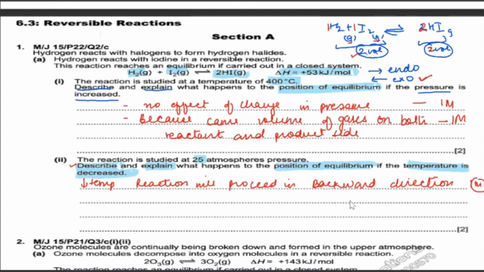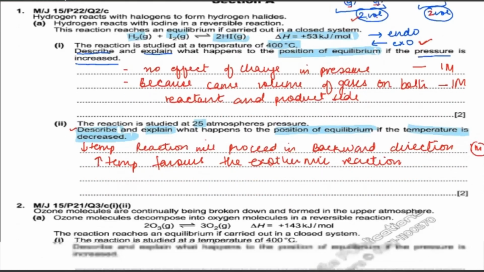And the second mark is for the explanation, because decrease in temperature favors the exothermic reaction, which is a backward reaction over here. Okay, coming to the next part of the question.